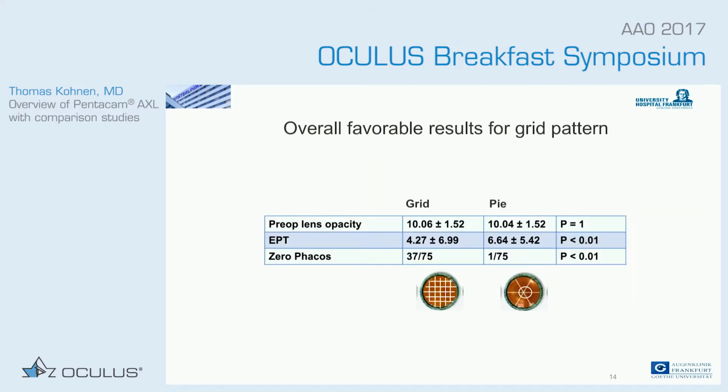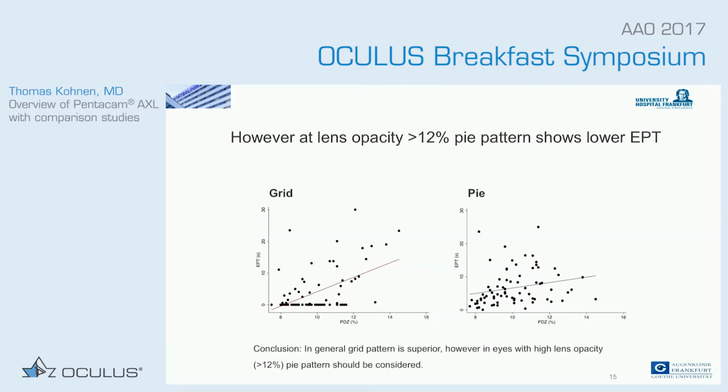Overall, we had favorable results for the grid pattern. The grid pattern, on the left side of this slide, had more cuts with the femtosecond laser than the pie pattern. In conclusion, in general the grid pattern is superior. However, in eyes with high lens opacification, the pie pattern should be considered.